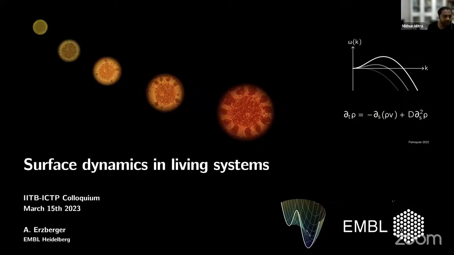So it's a great pleasure to welcome Professor Anna Erzberger from EMBL Heidelberg. Anna did her PhD at the Max Planck Institute for the Physics of Complex Systems in Dresden, where she studied, using hydrodynamic theories, how cortical actin-myosin flows in cells affect cell migration. She then did her postdoc work at Rockefeller University, New York, where she studied the physical principles associated with the developmental process of mechanosensory epithelia.